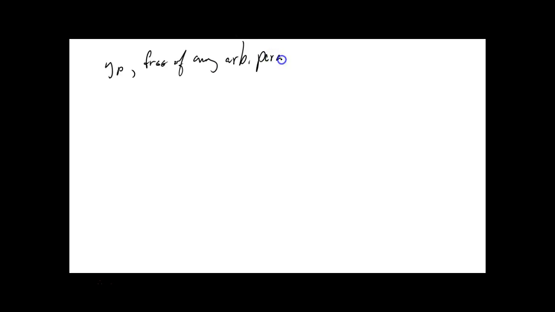Now remember what we mean by that? Those are your C1, C2, C3. It doesn't have those. It's a solution, but it doesn't have an arbitrary constant, okay? Free of arbitrary parameters that satisfies 7.